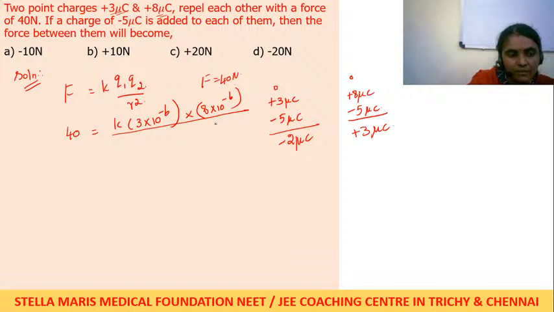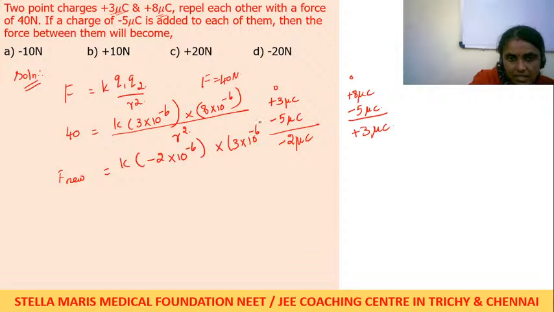R squared value we don't know, they didn't give it in the question, so just put r squared. Okay, so now we are going to find out F new. So F new is K into minus 2 into 10 power minus 6 into plus 3 into 10 power minus 6, divided by r squared.